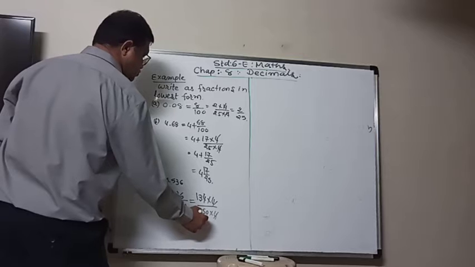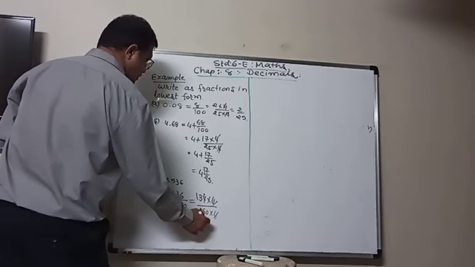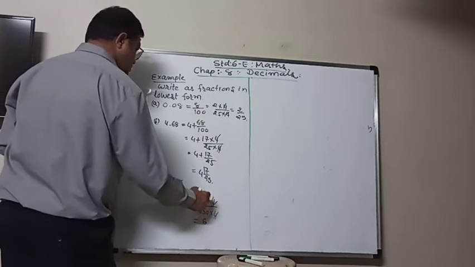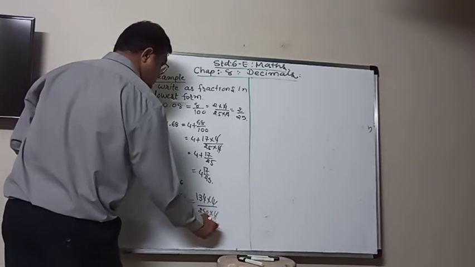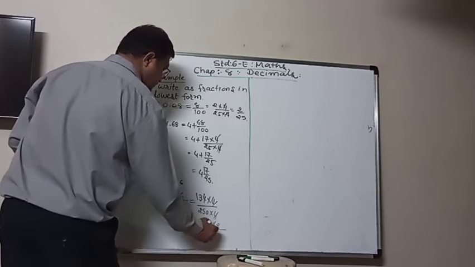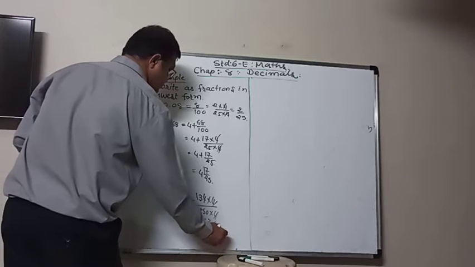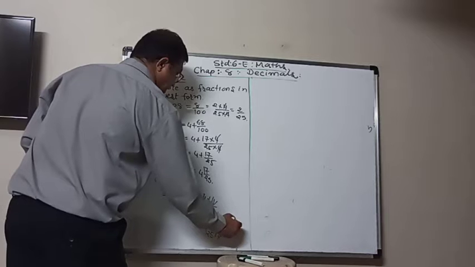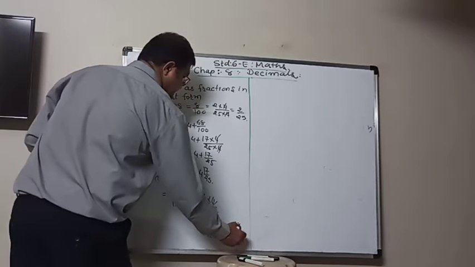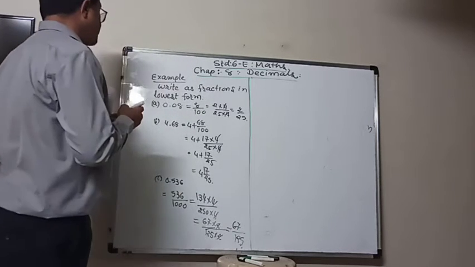So we write down as 2 sixes are 12, 2 sevens are 14. 67 multiplied by 2 upon 125 multiplied by 2. 2 to cancel. So your final answer is 67 upon 125, because now further cancellation is not possible.